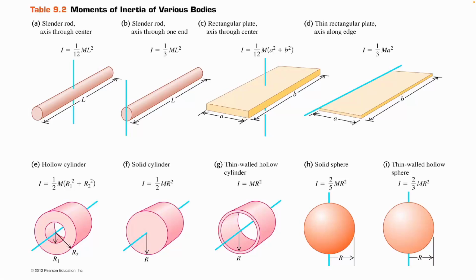Back to the wheel, because I said it was complicated. What would you pick for this wheel on the table? G or E. Is it F? No. Is it solid through here?